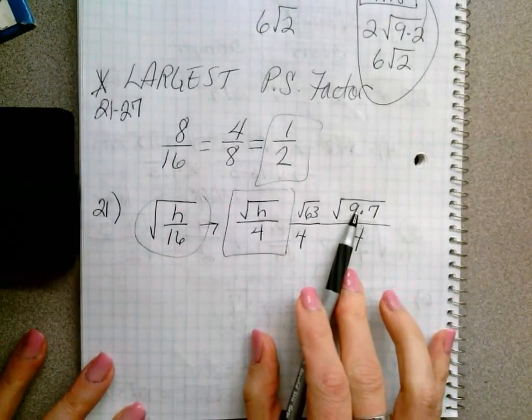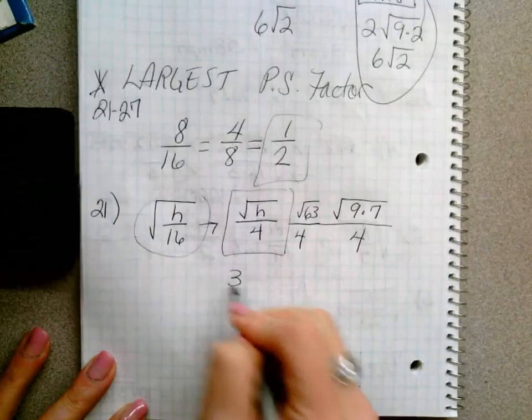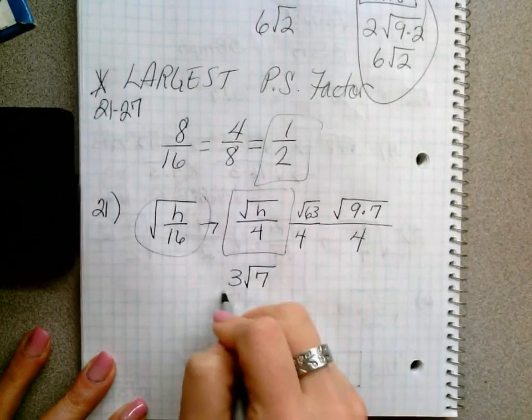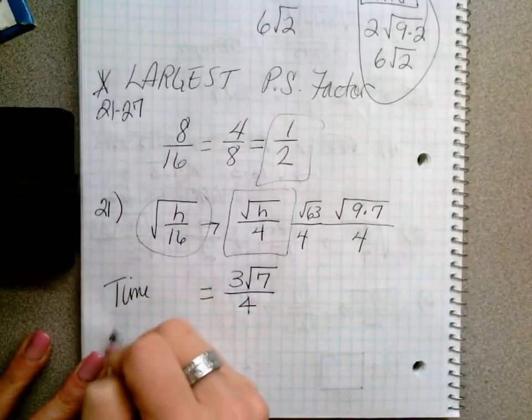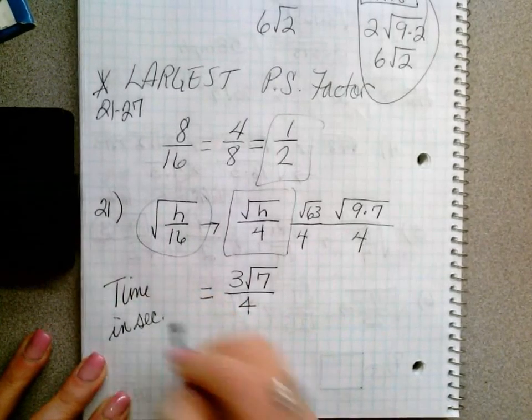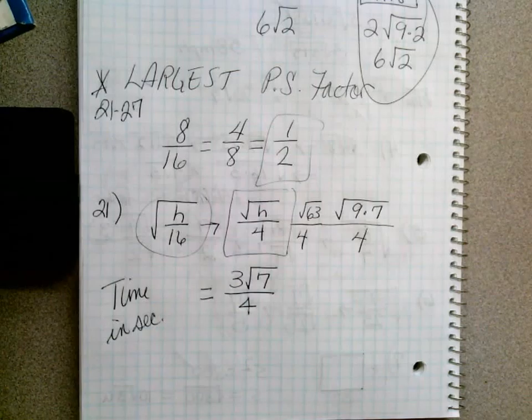So here we go. Is 9 a perfect square? Obviously. 3 radical 7 over 4 is the amount of time in seconds. What on earth does that mean? It says, approximate the time to the nearest second.